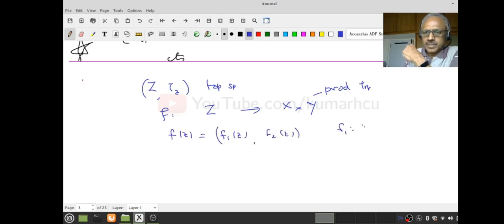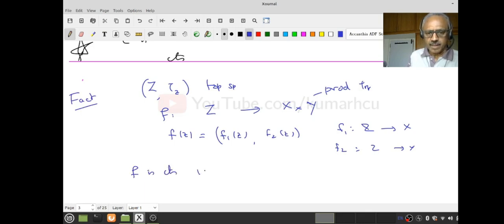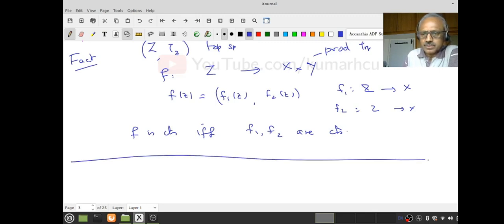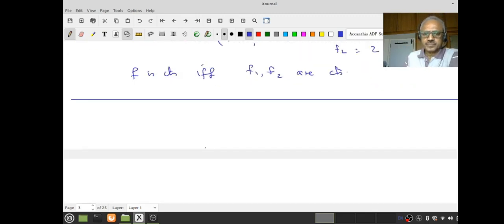Therefore f1 is a function from Z to X, and similarly f2 is a function from Z to Y. This is again a well-known fact about product topology: f is continuous if and only if f1 and f2 are continuous, that is, the component functions are continuous. These are the facts we will need. If there is anything more I need, I will inform you as we go along.